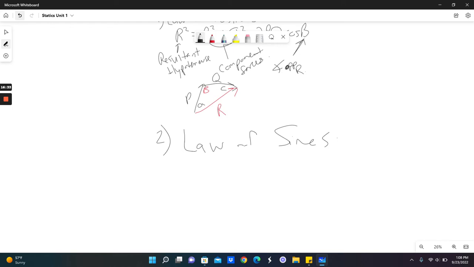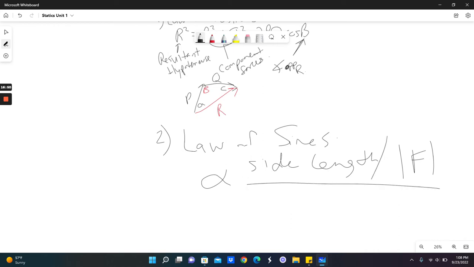I'm going to name them A and C. So our law of sines is going to be a proportion of a side length or force magnitude over its opposite angle. I'm sorry, the sine of its opposite angle.